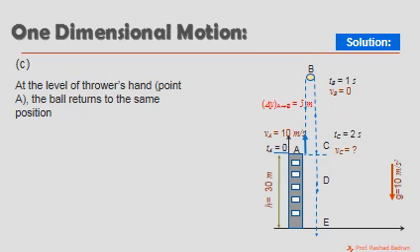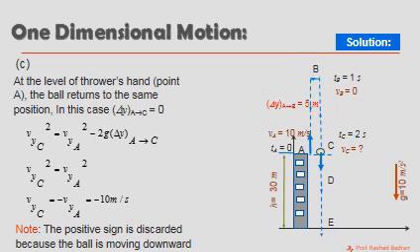To find the velocity as the ball returns to the level of the hand of the thrower, there is more than one way of solving this problem. The easiest way is to start from point A and then come back again after it goes up and then down. From A to C, we have an initial velocity of 10 meters per second and an unknown final velocity vc.